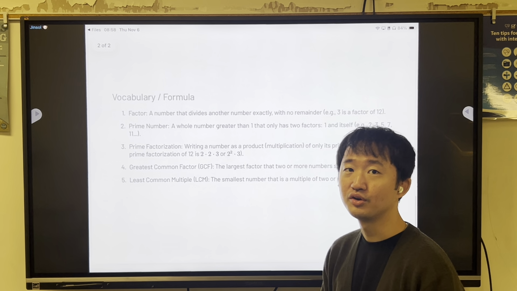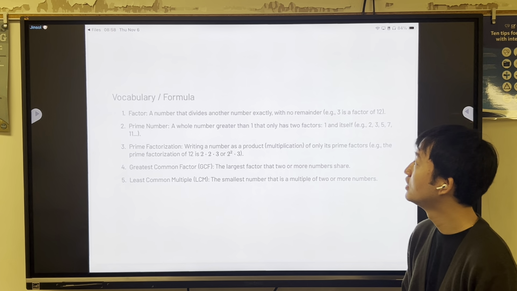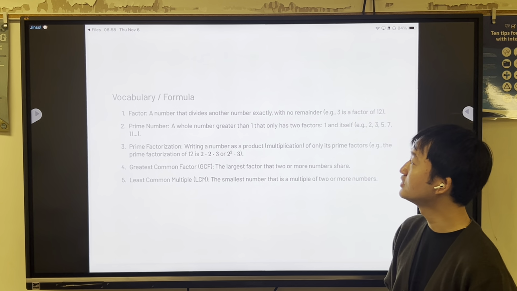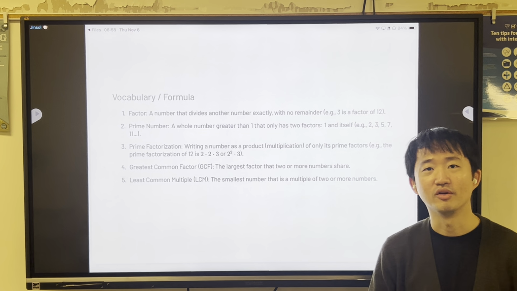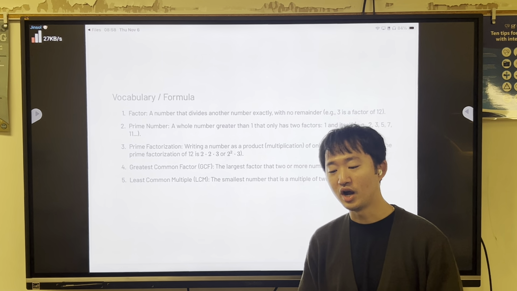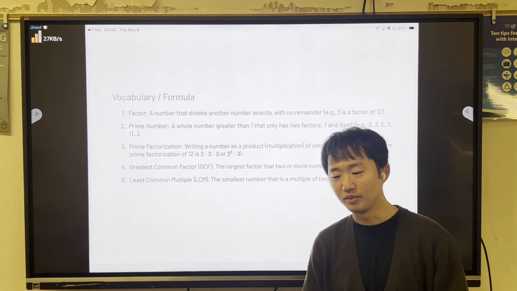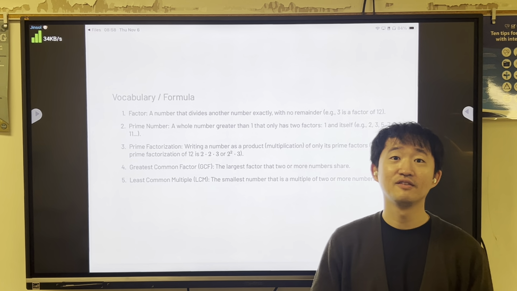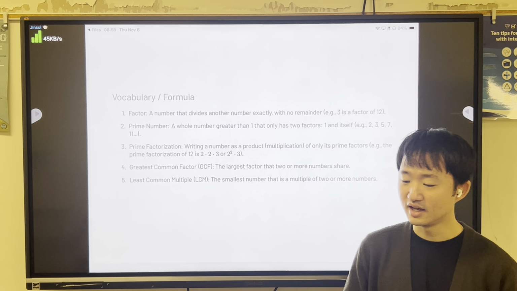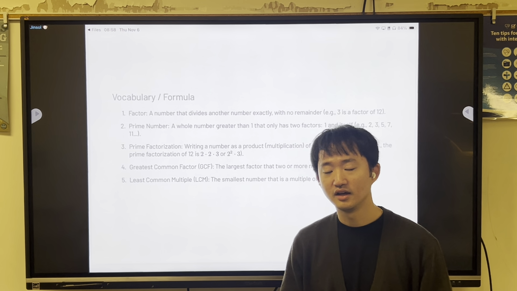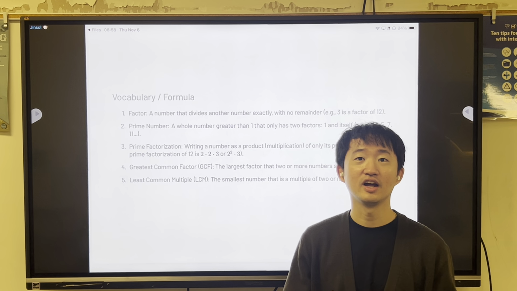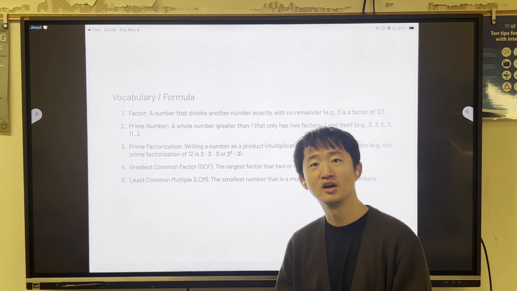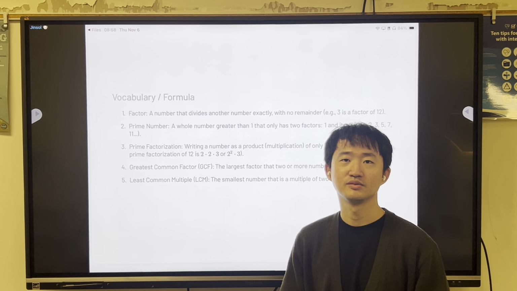Let's recap the vocabulary and the formula that we've learned today. First, a factor. A factor is a number that divides another number completely without any remainders. And a prime number is a whole number that is only divisible by 1 and itself. Prime factorization is a process where we factorize a given number into a product of prime numbers.